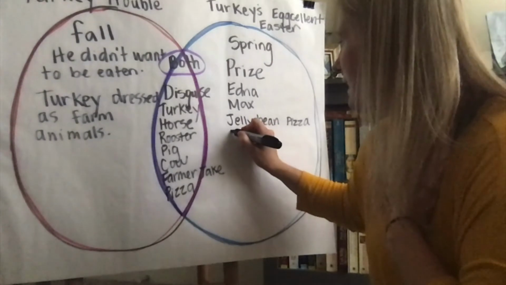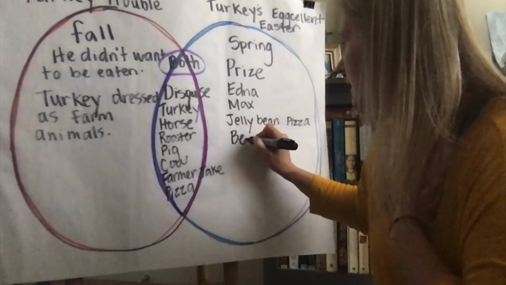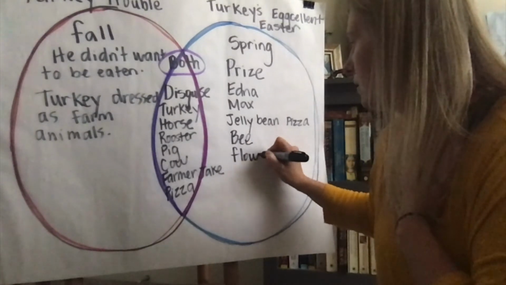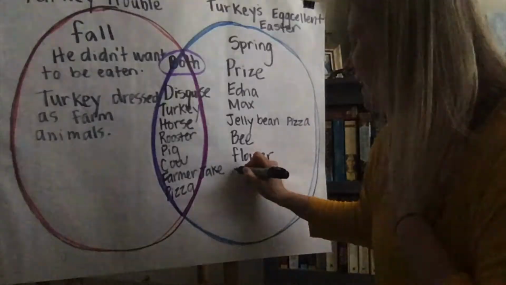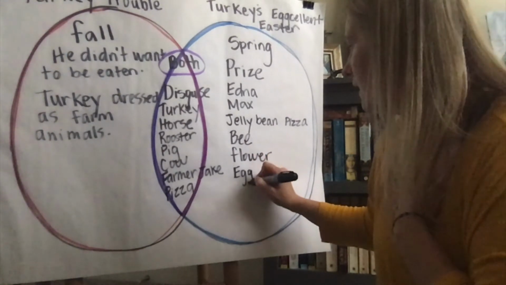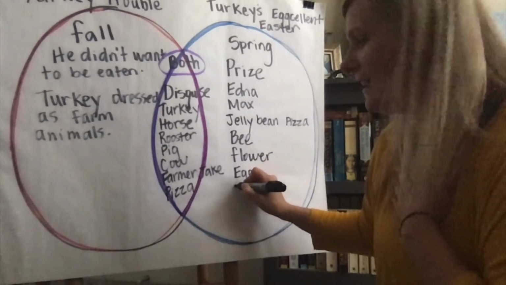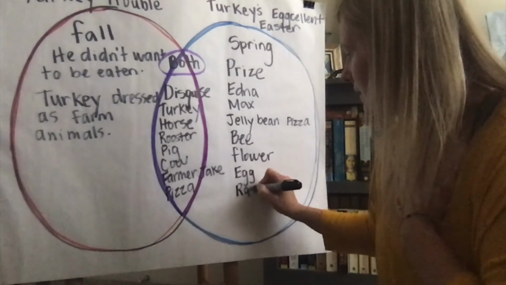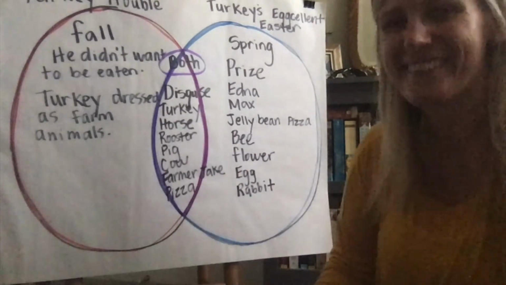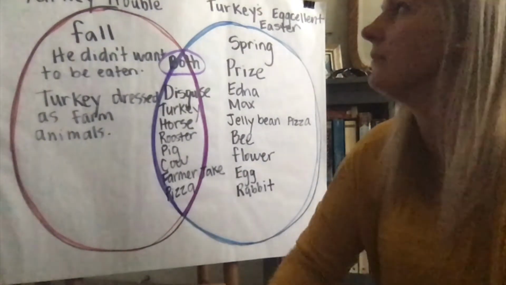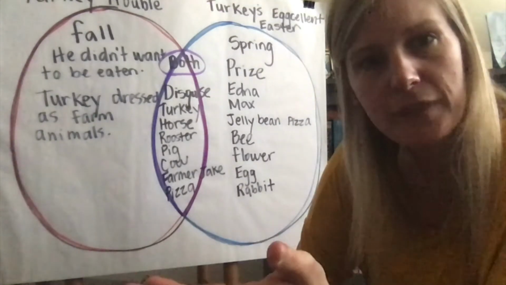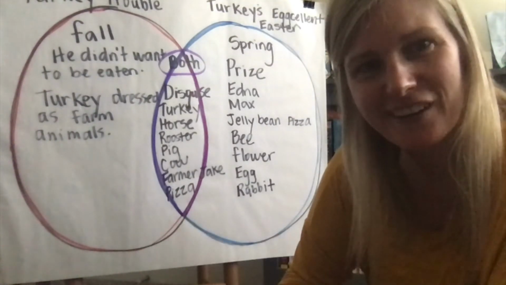No, he dressed as a bee, a flower, an egg, and a rabbit. Boy, I'm trying to think of anything else here. Maybe you can think of more things than I have thought of here.